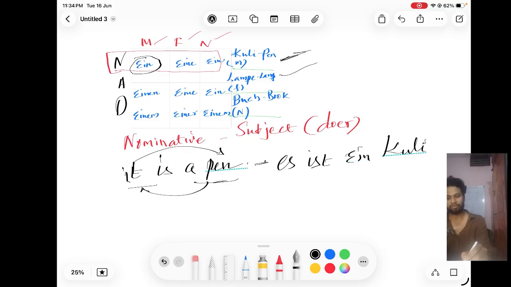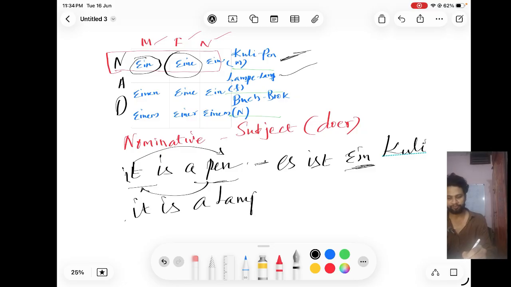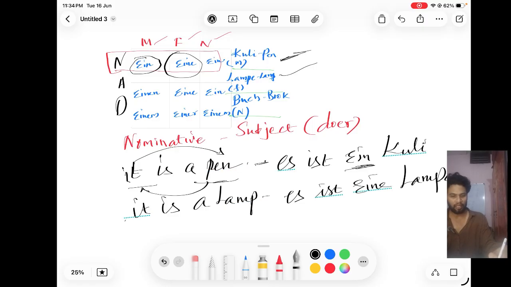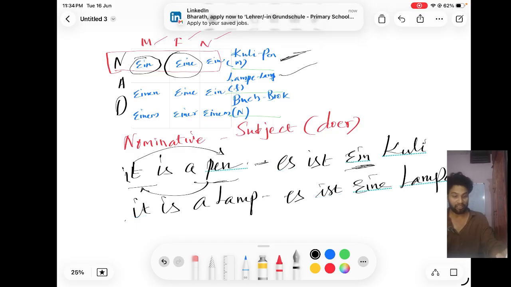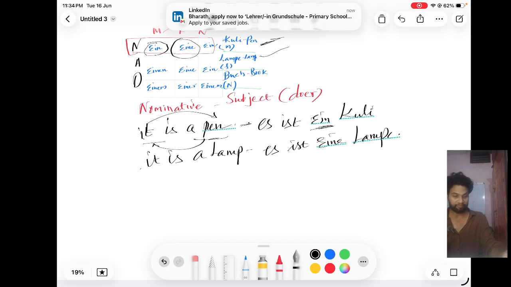So how to write feminine? It is a lamp. Lamp is feminine. Nominative feminine is eine. Masculine is ein, whereas feminine is eine. How to say it is a lamp? Es ist eine Lampe.